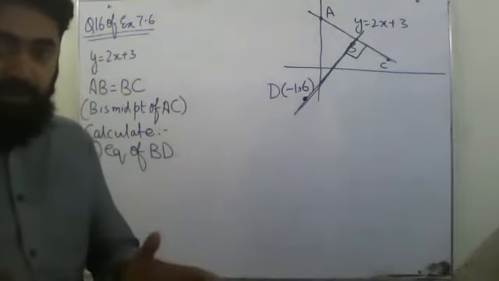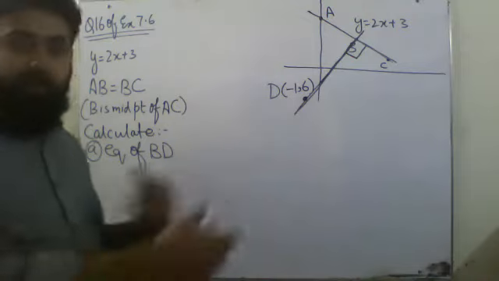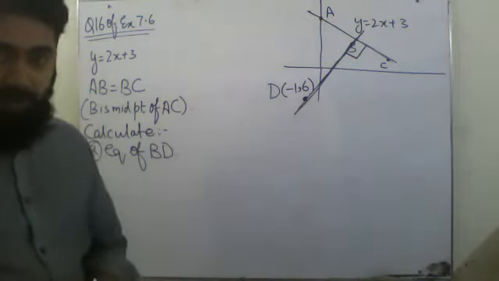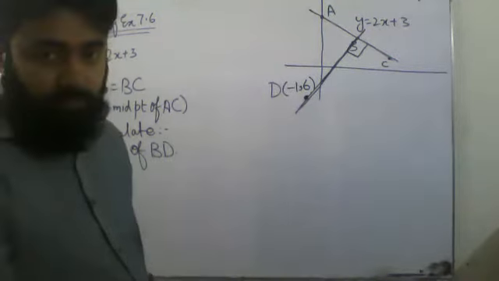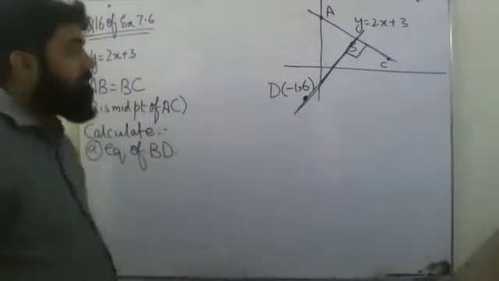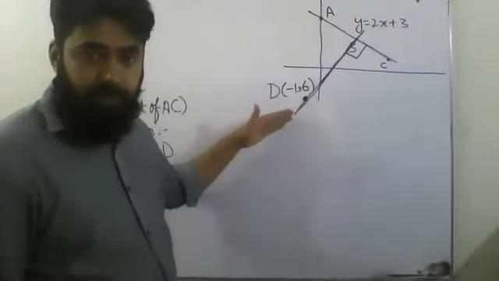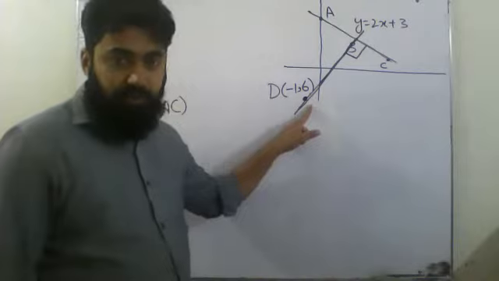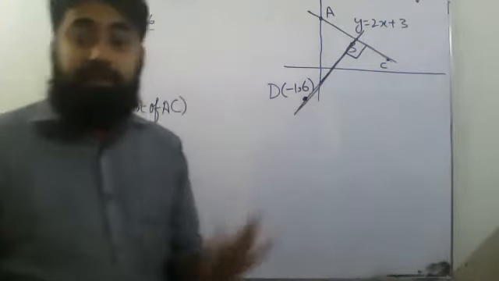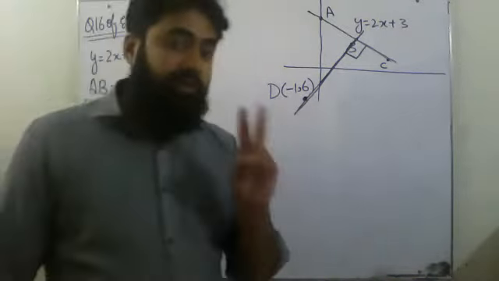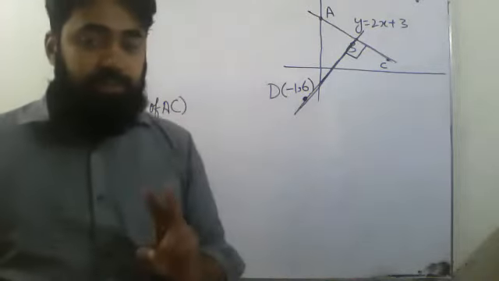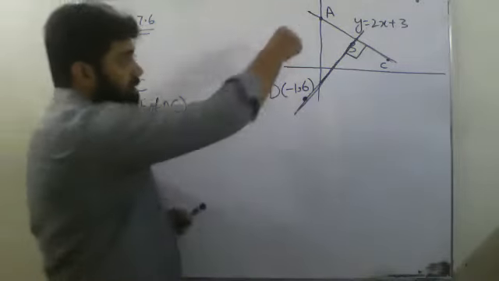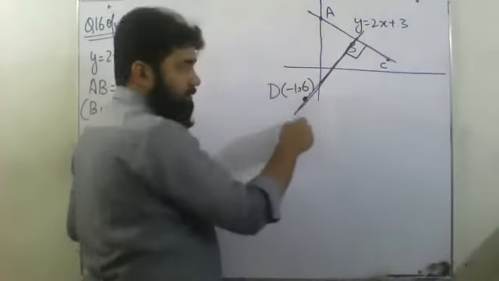You can try it in your copy, and at the end you can check whether you are getting the same thing or not. So now, I have to find the equation of this line. I have got a point on the line. If I can have another point or the gradient, any one of these, I can have my equation. So this line is perpendicular to this one.